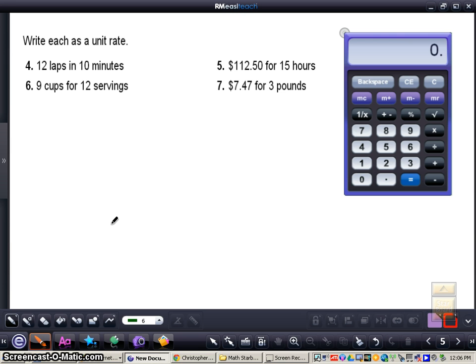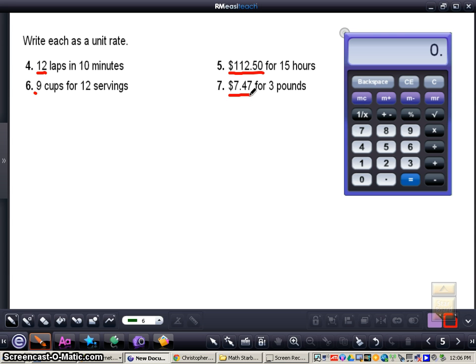Now it's really important to understand that the first number that you see, the 12, the 9, the $112.50, $7.47, is always going to be the dividend. The second number you're going to see is always going to be the divisor.